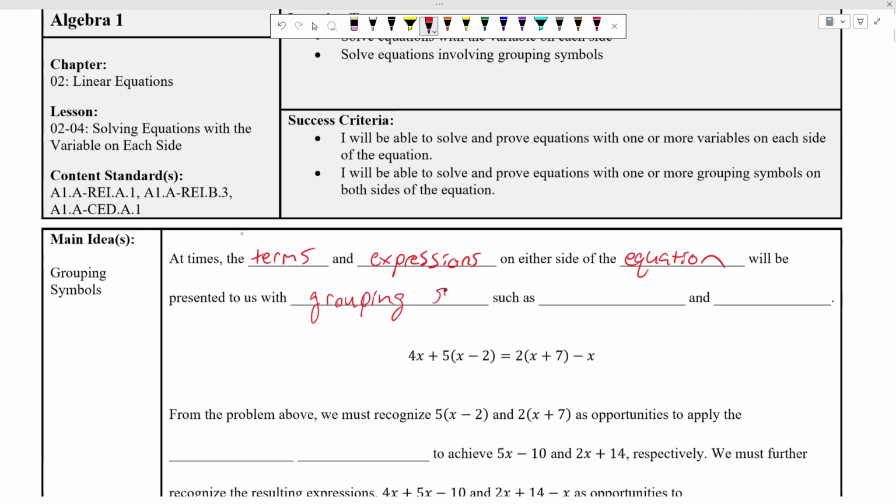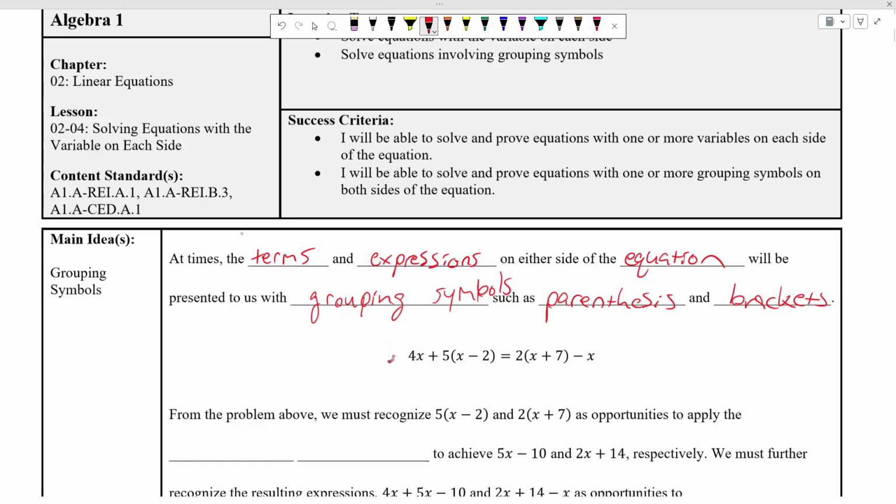You may be more familiar with the terms, let's say, parentheses, and even brackets. I've used them before.